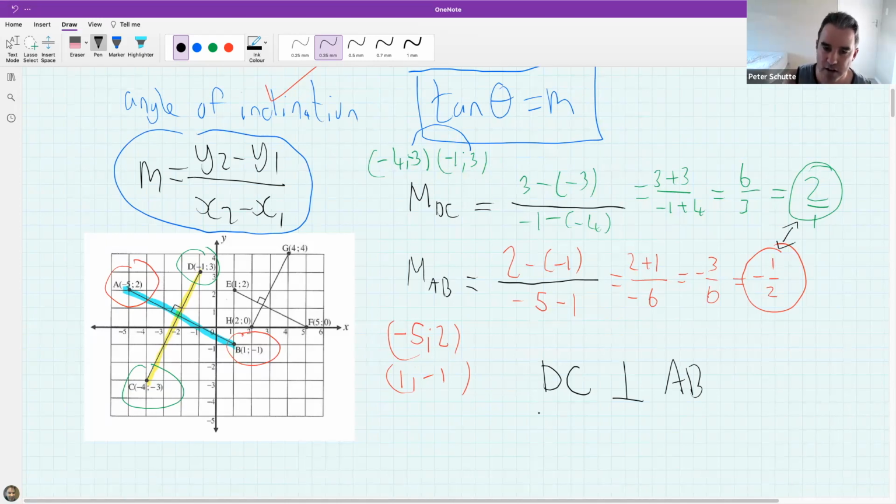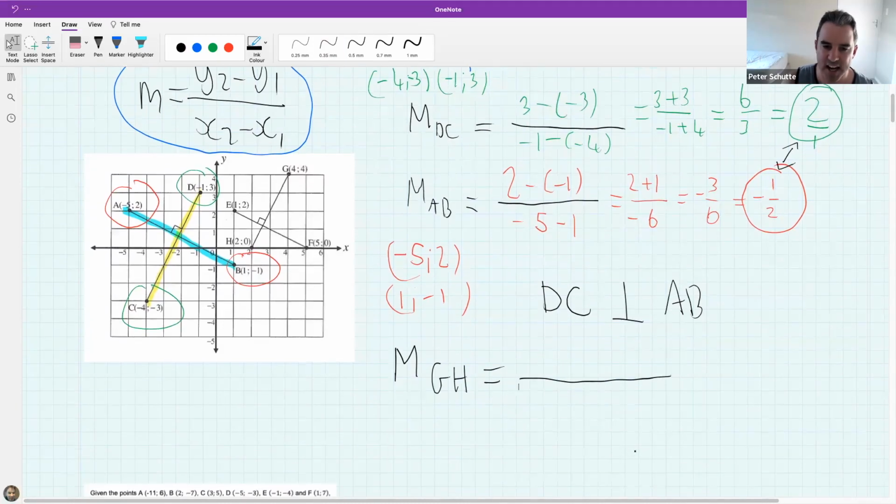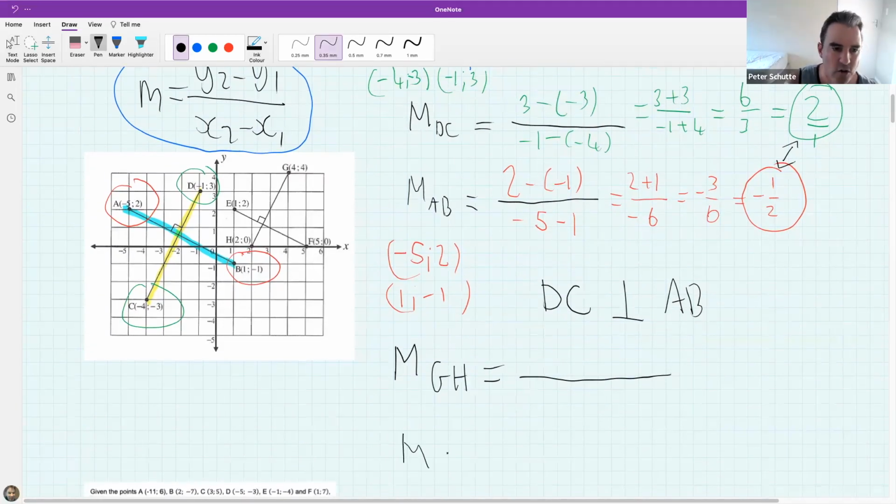So once you have the one gradient, you can get the other by simply flipping it over and then changing the sign. So that's the first thing I wanted to point out. When lines are perpendicular, something happens. Now, I want you to find me the gradient of GH, and also find me the gradient of EF. Go ahead and do that, and I'll give you a bit more time, and we'll see what happens here.